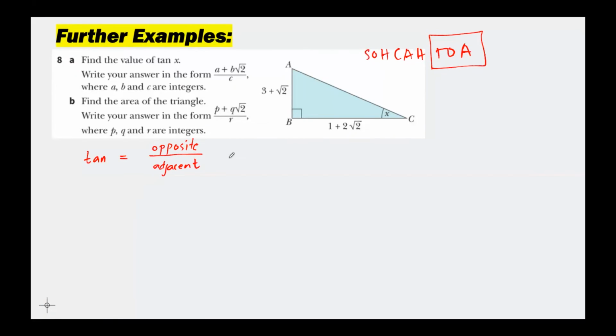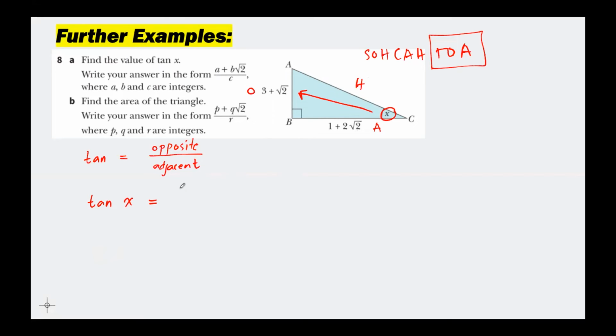That means if you're looking for tangent of x, I'm going to replace it here now. So tangent of x is equal to the opposite side of x is this, and this is the adjacent side, right? This is the hypotenuse with respect to x here. This is the opposite, and this is the adjacent side.